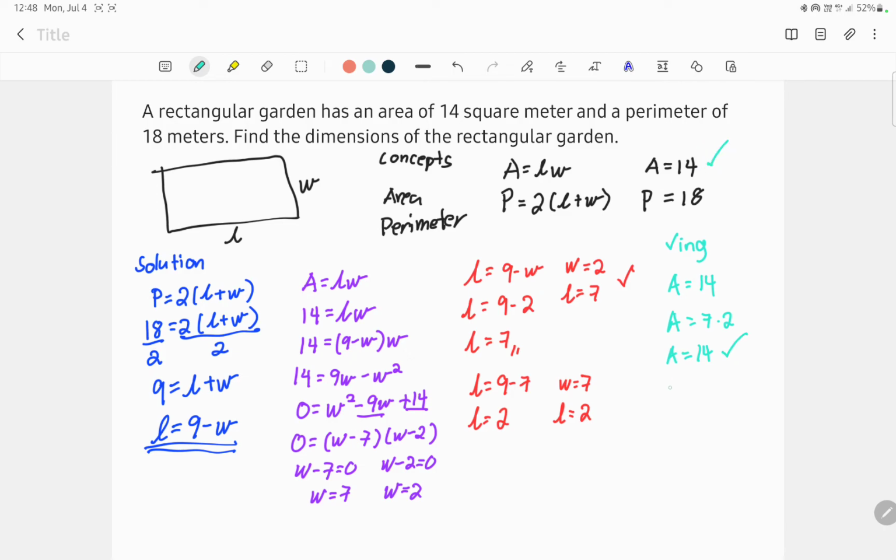So this is correct. And then let's go on to the perimeter. Perimeter would be 2 times the length plus the width. So perimeter is equal to 2 times 7 plus 2. Perimeter is equal to 2 times 9. Therefore, perimeter is equal to 18 meters.